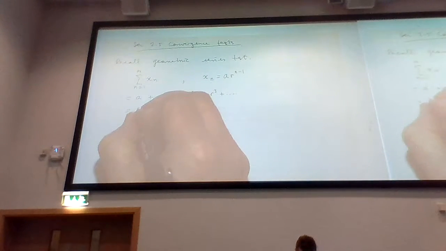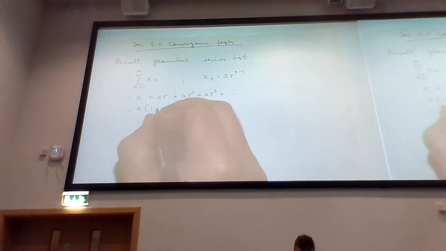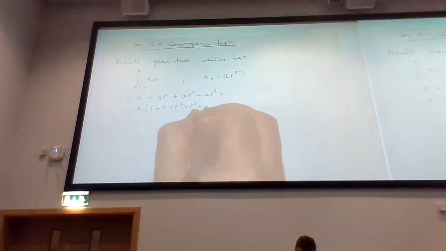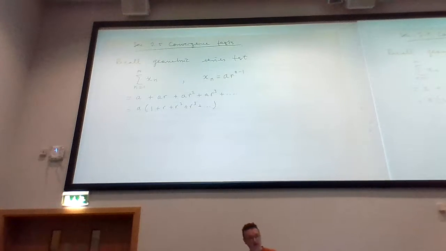Of course, you can factor a out of everything. So really, whether or not these things converge depends on the value of r and whether or not that series in the bracket converges, 1 plus r plus r squared, etc.